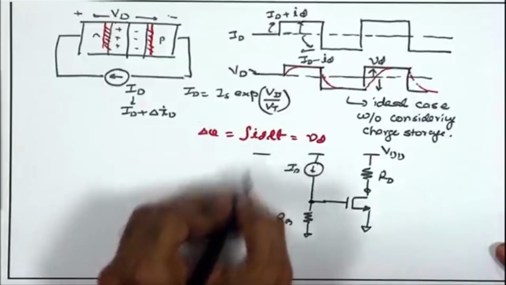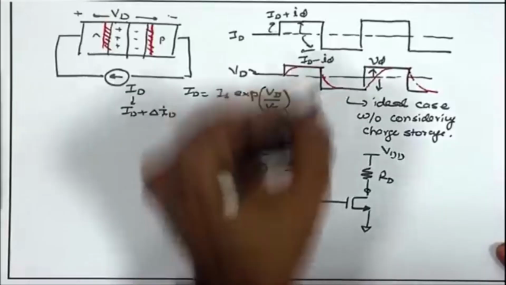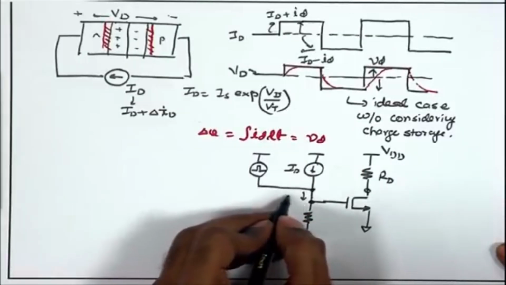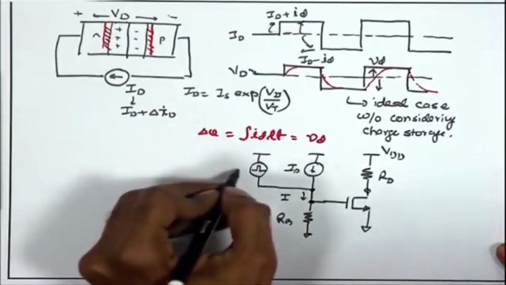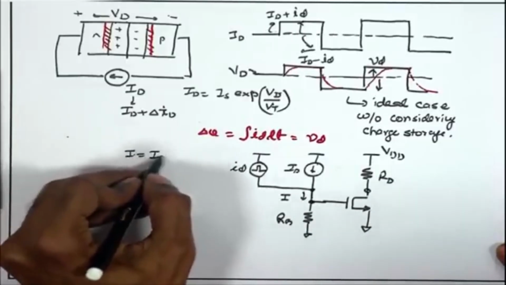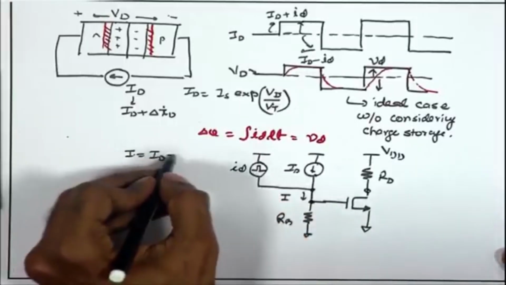On top of this, I impose another pulse current source, and as a result I change the total current going in. So, the total current going in will be I, which is equal to ID, the DC current source, which is constant, but on top of that I am applying this small signal id going up and down. So, I have plus id.